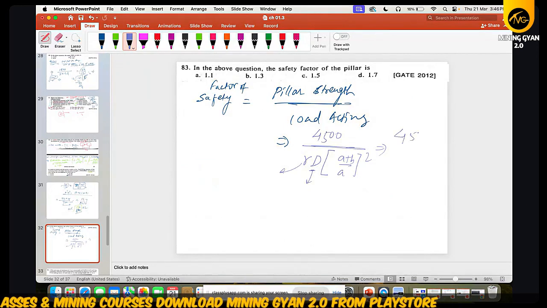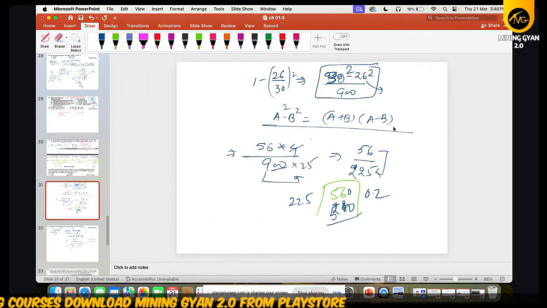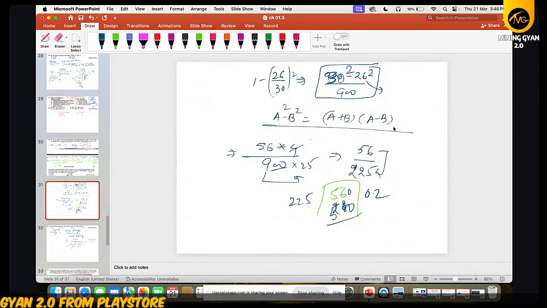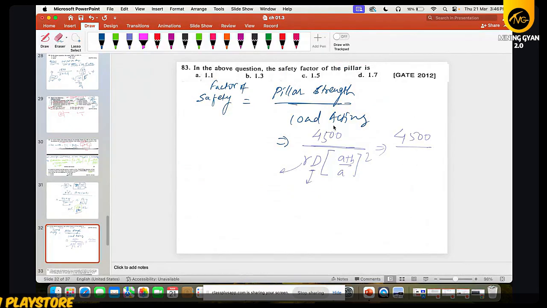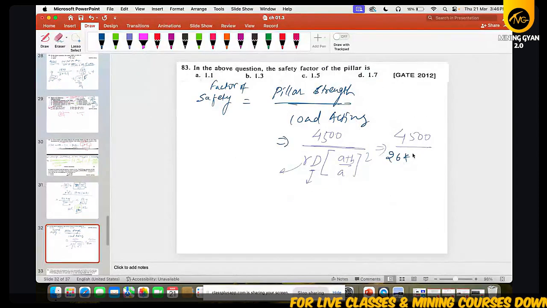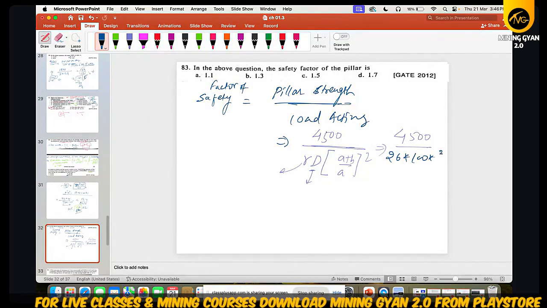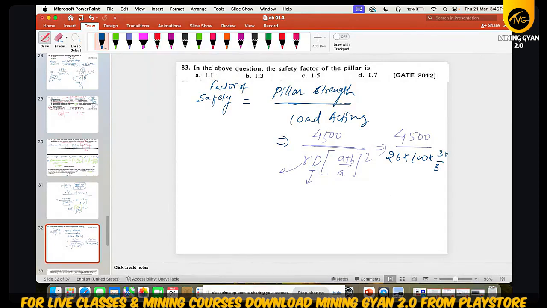So 4500 divided by gamma, they have provided 26, our average density. Depth they have provided us 100 meter, and multiplied by 30 by 26 squared.